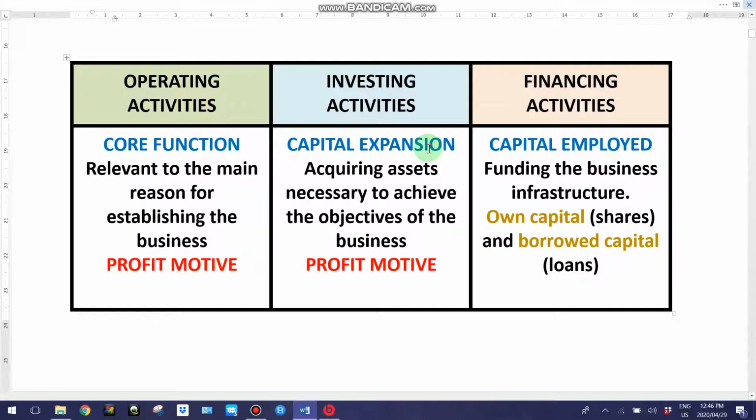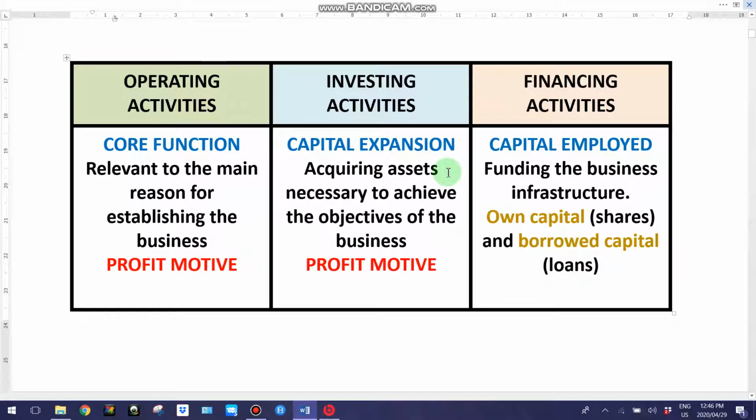Now, in grade 10, we did look at starting a business, and we said that in order to effectively start the business, we need to first acquire assets that will be used to run this business. A business would not be able to function without the basic fixed assets, such as the land and buildings. Where do we run this business from?